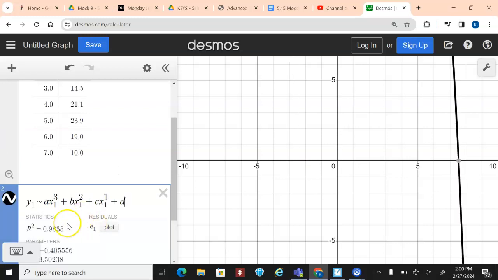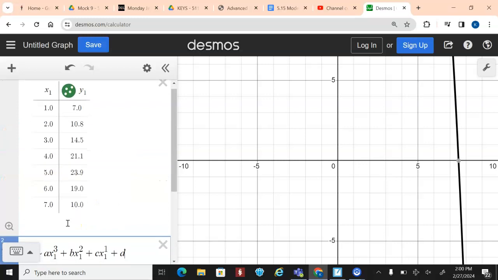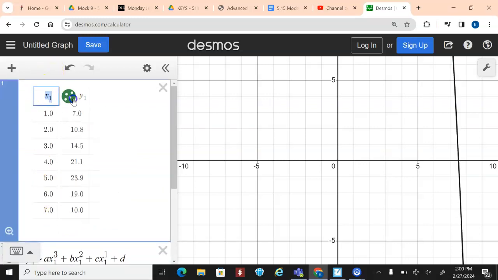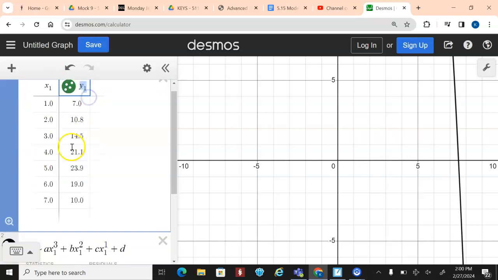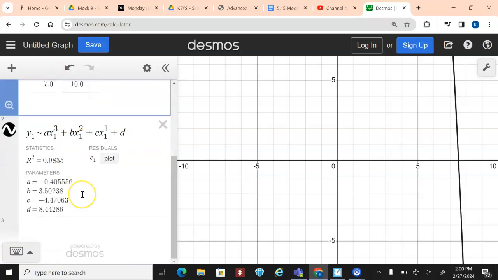Okay, so that's the formula. And again, using the same plot, just emphasizing that you do x1 and y1 because you're referring to your table.